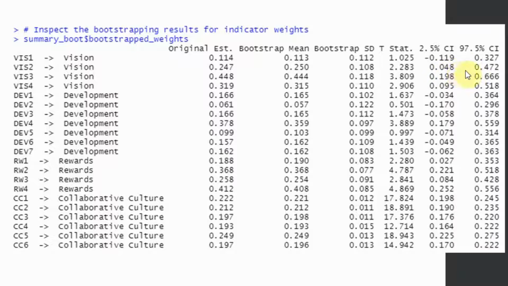The 0 does not fall in between these two values, the 2.5% confidence interval and the 97.5% confidence interval. Now if one value is negative and the other is positive, then there is a 0 in between. But otherwise, there is no 0 in between. Now look at this. 1, 2, 3, 4, 5, 6, 7. Now we've got 7 indicators that have insignificant indicator weights.